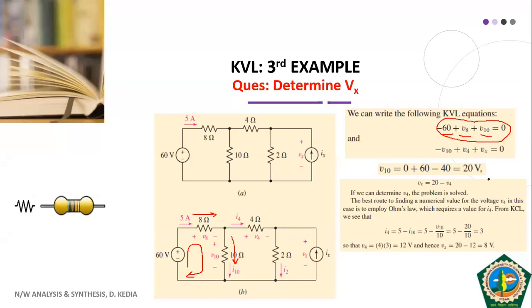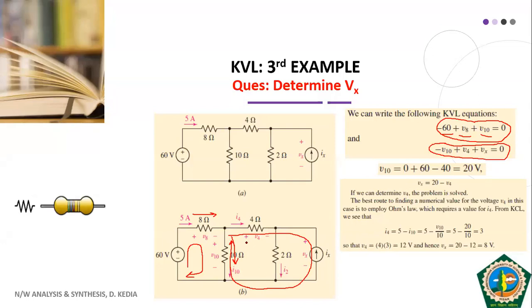Similarly, we will obtain the second KVL equation. In the second KVL equation, we have V10, V4, and Vx. Let us see which loop has been used here. A bigger loop has been taken, and you can see this loop is considered here.